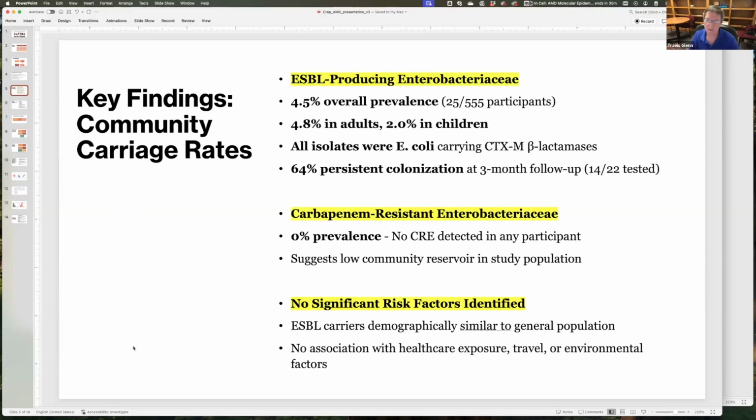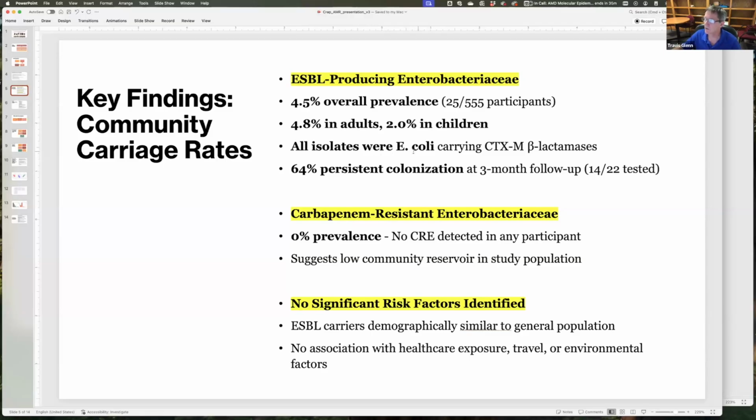If you go back to the general characterization of these samples, ESBL bacteria were identified for about 4.5% of the population, almost 5% of the adults, about 2% of the kids.